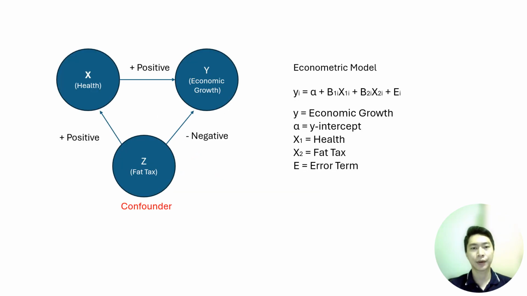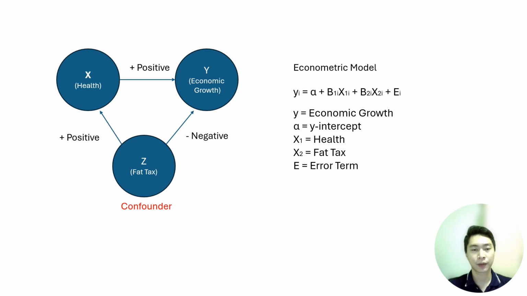By using directed acyclic graphs, DAGs, an empirical econometric model is used to assess health and economic growth and the consequences of fat tax. Variable y is the dependent variable, assumed to be economic growth. Variable x, also considered as x1, is the independent variable, assumed to be health.